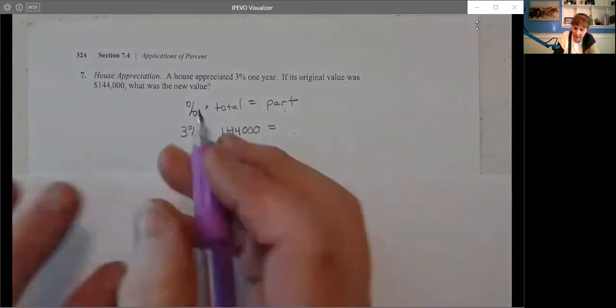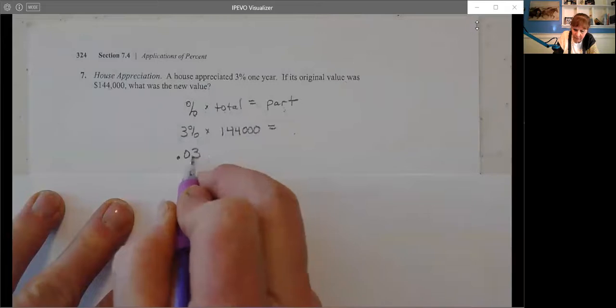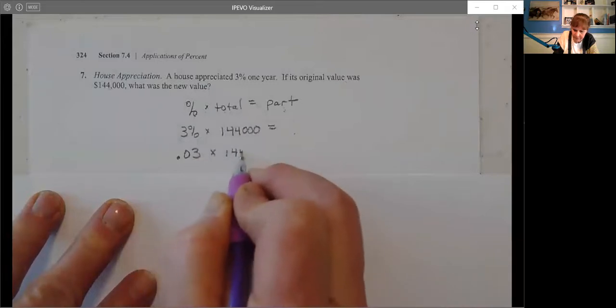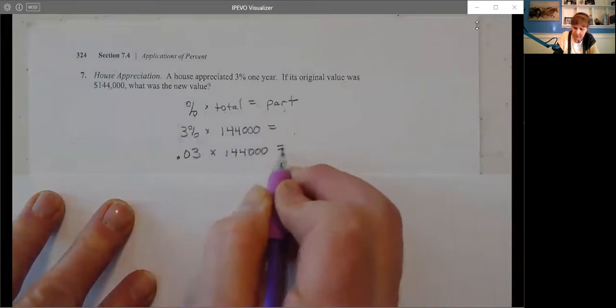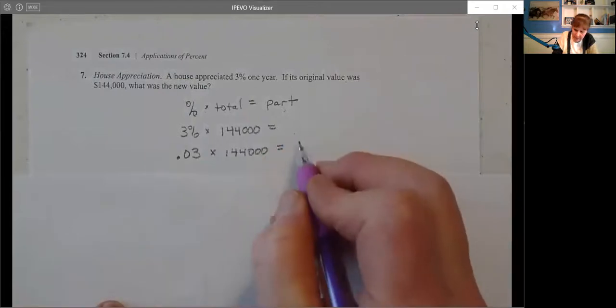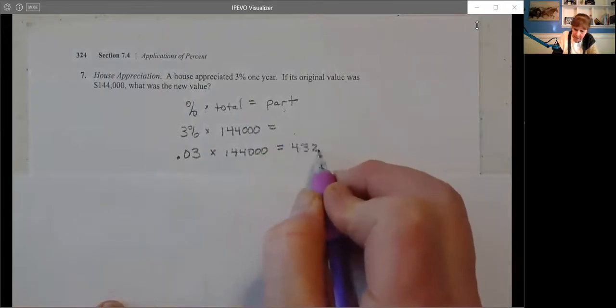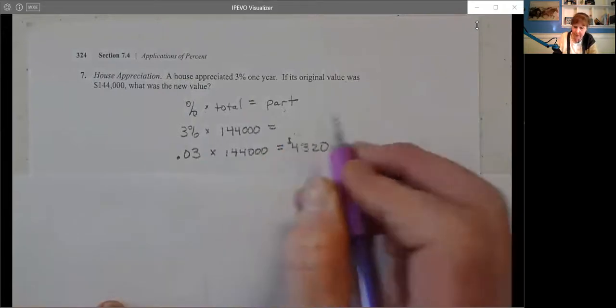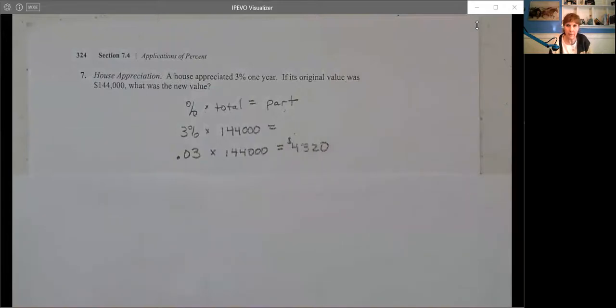They're related, and again, we have to go 0.03. So we were given the original or the total. 0.03 times 144,000. $4,320 is the value it went up.